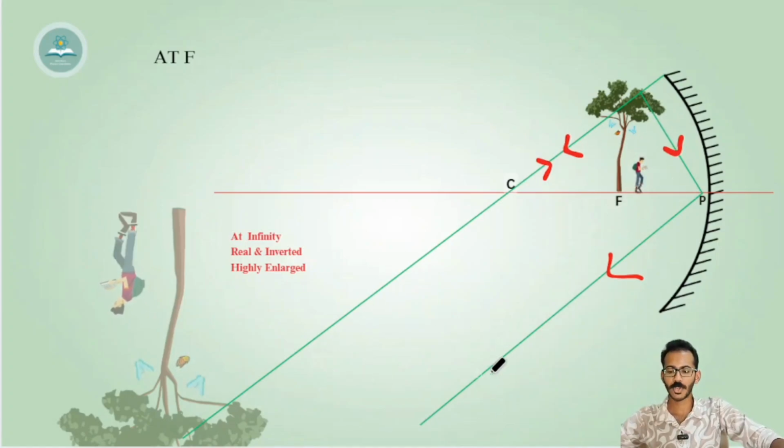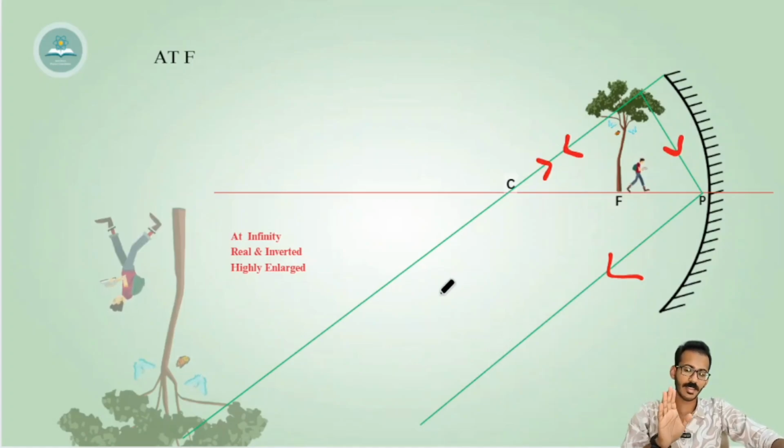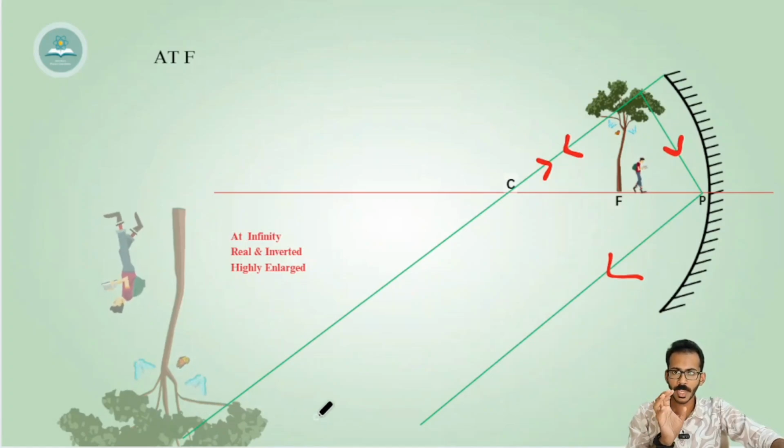That's important about this. If you have a candle here and you are keeping a screen to get its image, we will feel like the image is about to come on the screen. It's not clear. Okay, maybe it will be clear after some time. We'll take it back, but it won't be visible at all.